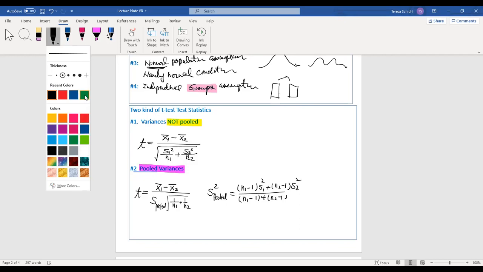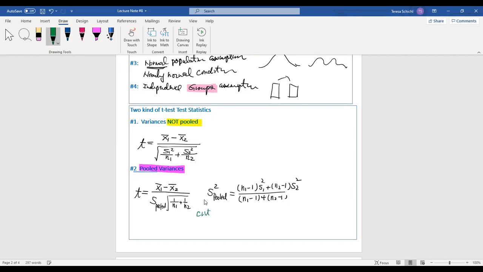The big difference here is the t distribution. If you want to look up the table, if you want to find the critical value, the degrees of freedom will be N1 plus N2, because you have two samples, minus 2. So it will be N1 plus N2 minus 2.